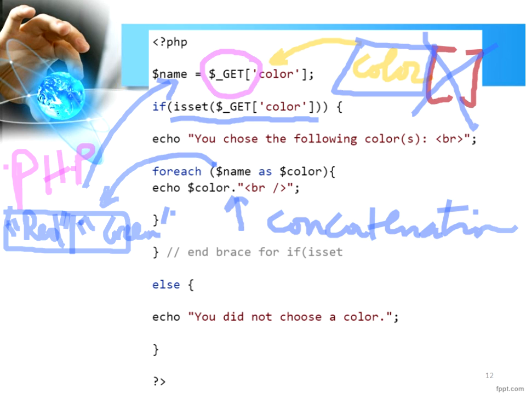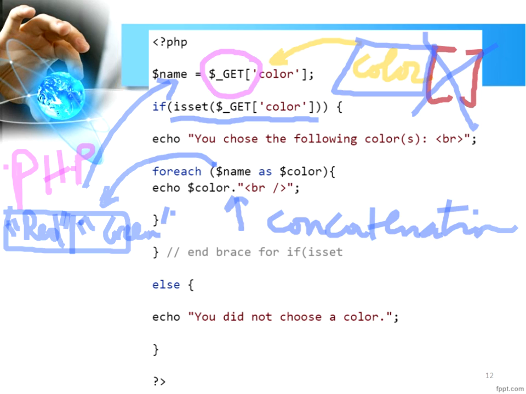So I write foreach, after that a dollar name, as, after that how can I traverse this array? For example, I write here $color, that means the value. I can write, for example, $key => $color.